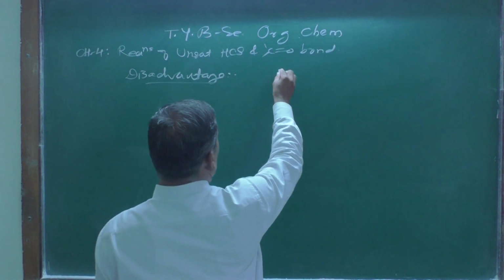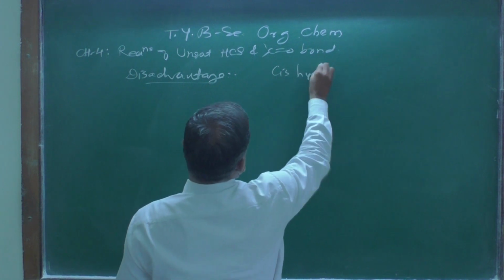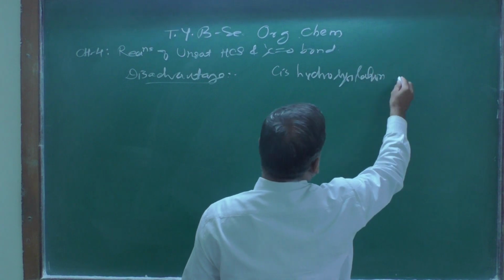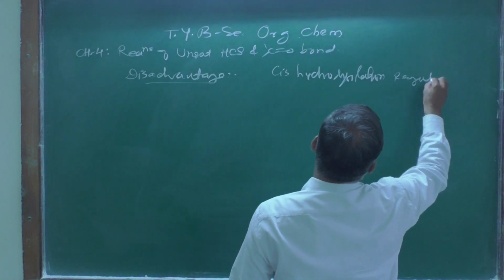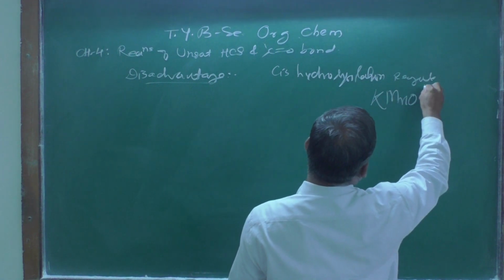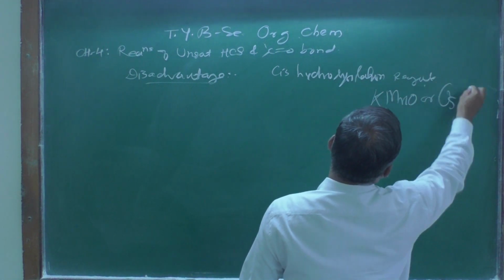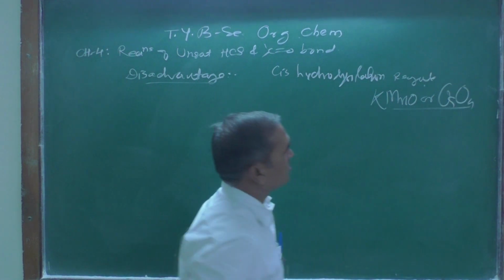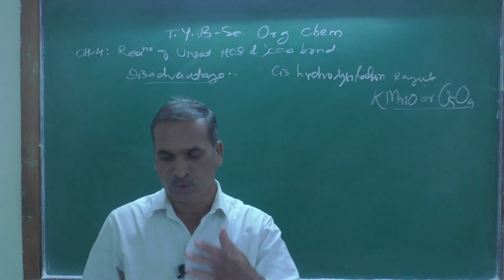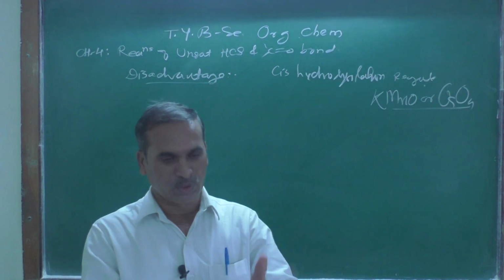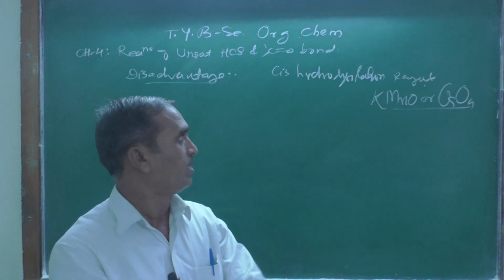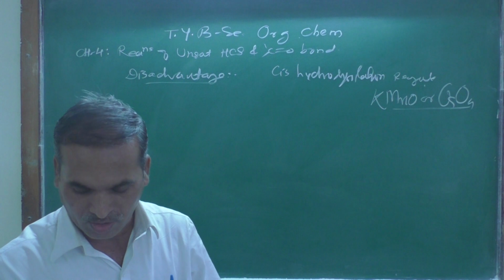For a cis hydroxylation, the reagent we are using here is potassium permanganate, or we can use osmium tetroxide, OsO4. These are the two reagents generally used to get the cis hydroxylation, and with their stereochemistry we already learned how the product is formed.